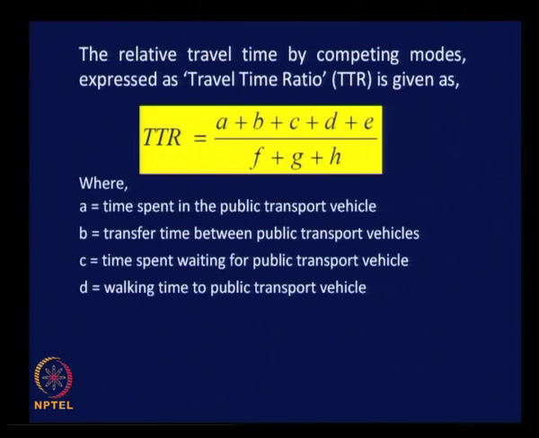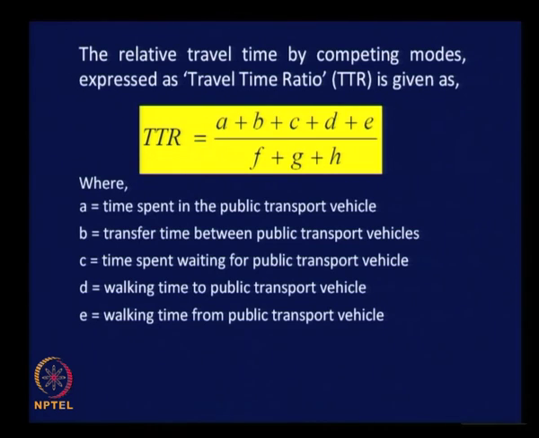D, walking time to public transport vehicle. E, obviously walking time from public transport vehicle to the exact point of destination. And F, car driving time, in-vehicle time for car travel.